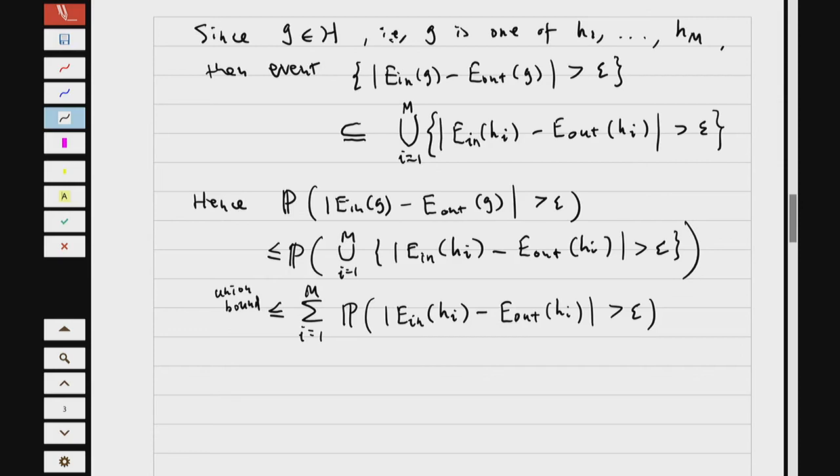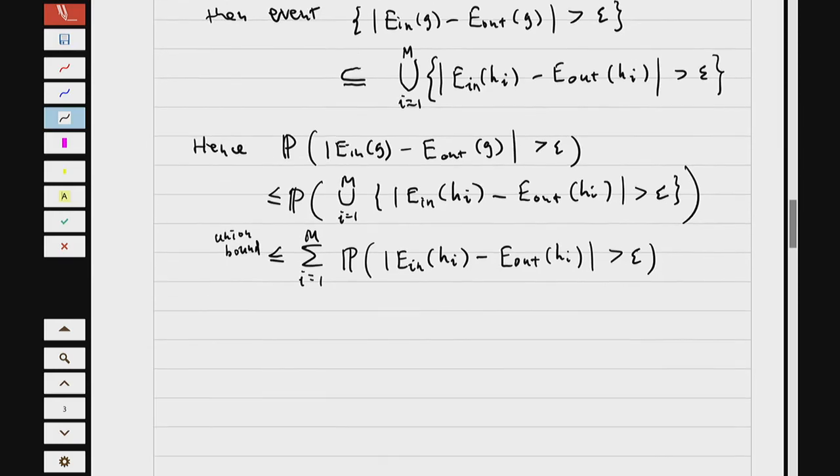G is the final hypothesis after training. You look at your data, you pick the best one, that's your g. The h_i are all of the hypotheses in your hypothesis set. They are there whether you have the data or not. So therefore, we can apply the Hoeffding bound.